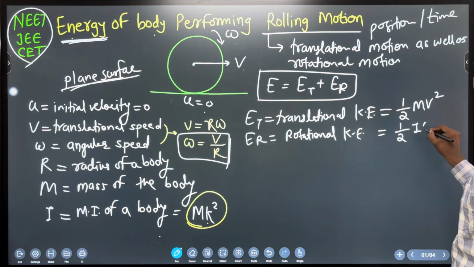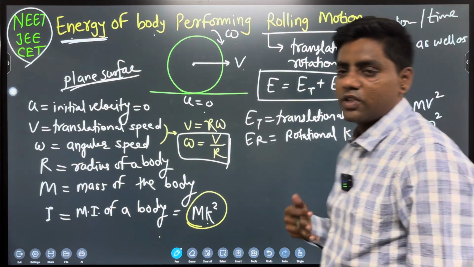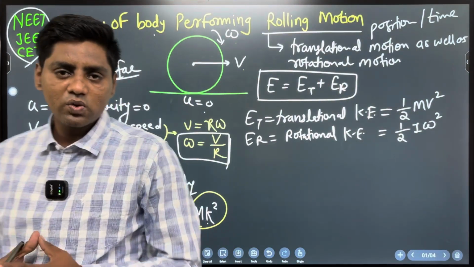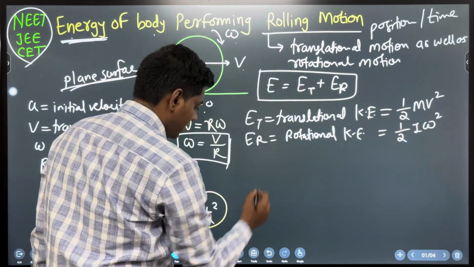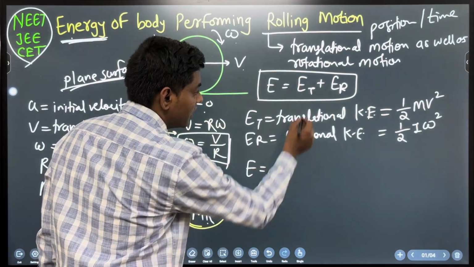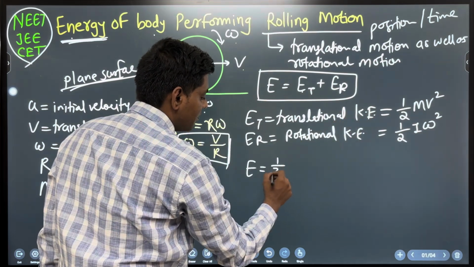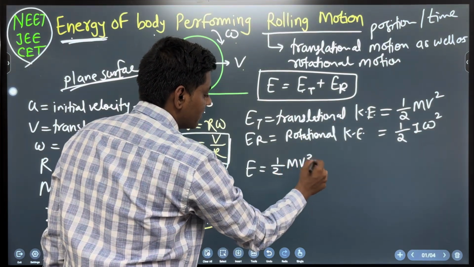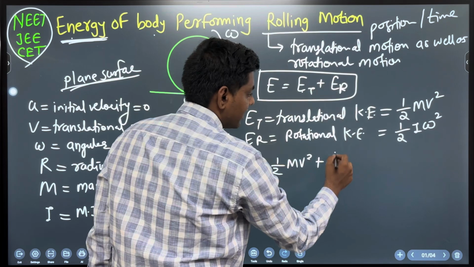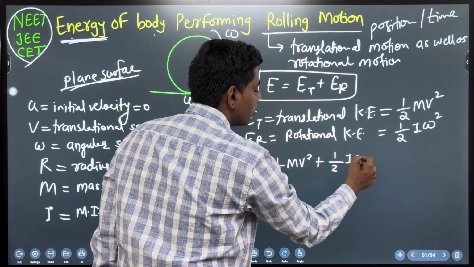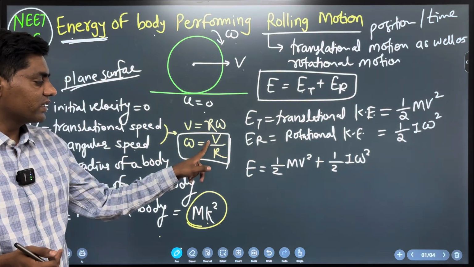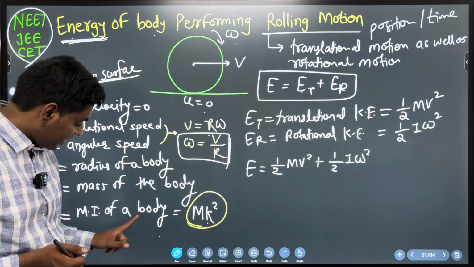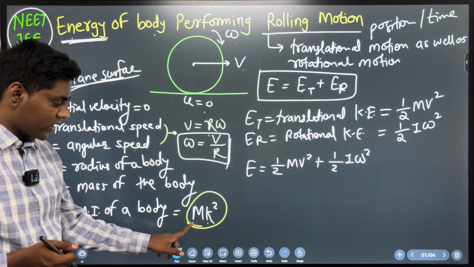Half I omega square. After substituting both expressions, we get the total energy. The first formula is half mv square plus the second formula, half I omega square, and we already calculated the value of angular speed, that is v divided by r, and the moment of inertia of the body is mk square.